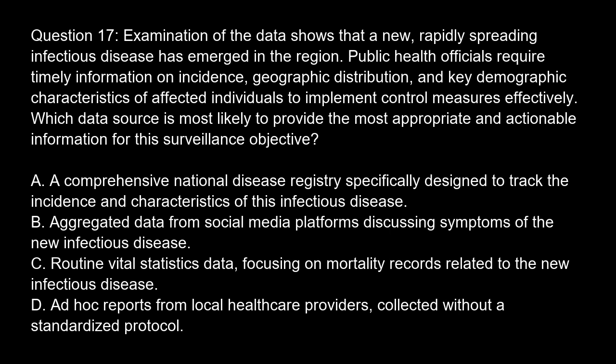Option A. Comprehensive National Disease Registry, specifically designed to track the incidence and characteristics of this infectious disease. Option B. Aggregated data from social media platforms discussing symptoms of the new infectious disease. Option C. Routine vital statistics data, focusing on mortality records related to the new infectious disease. Option D. Ad hoc reports from local healthcare providers, collected without a standardized protocol.